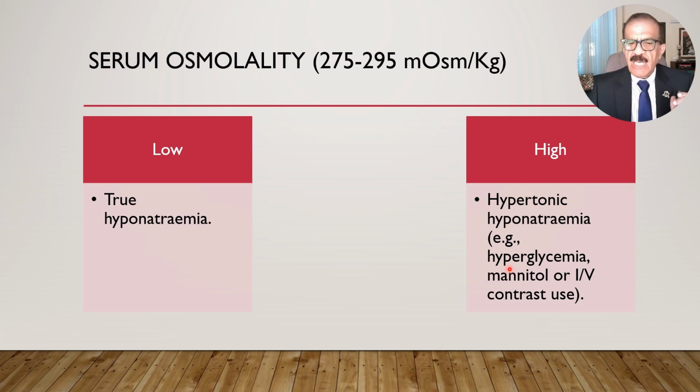For example, in severe hyperglycemic state, or somebody who has been given mannitol, which is a type of sugar, or somebody who has been given IV contrast for some study. During that state, since serum osmolality will be high, osmoreceptor will judge it, ADH will judge it, and other homeostatic mechanisms will judge it, and because of osmotic effect, some of the fluid from within the cell will be sucked outside the cells into the extracellular compartment.